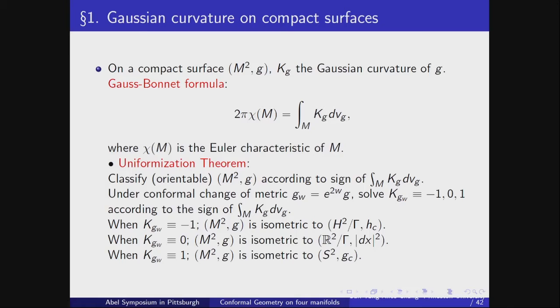That means if you look at the sign of the integration of the Gaussian curvature, that's pi times Euler characteristic, it can have a positive sign, 0, or negative sign. And according to the sign, we know that in the conformal class, you can deform the curvature to be identically 1, 0, or -1, and you classify it according to isometric, to the hyperbolic surface, to the flat surface, or to the two sphere. Okay? And that's called the uniformization theorem.